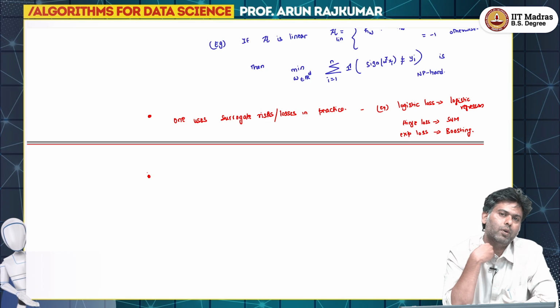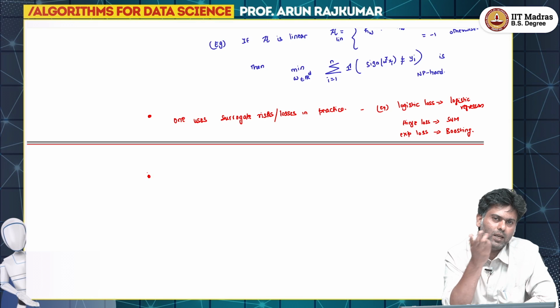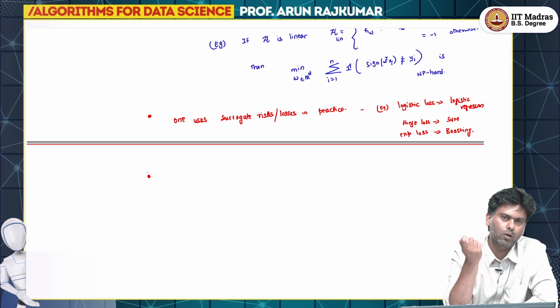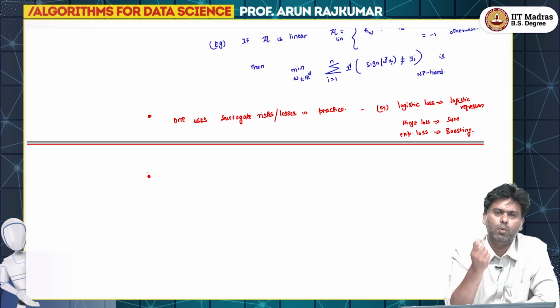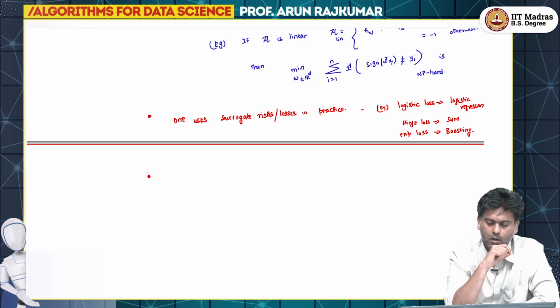But now, if I am not doing ERM, I am doing something else. So, now one needs to study when minimizing this surrogate loss or risk also helps me make a statement about ERM's capabilities, or what is called the 0-1 loss, which is the fraction of mistakes that I am making, right.